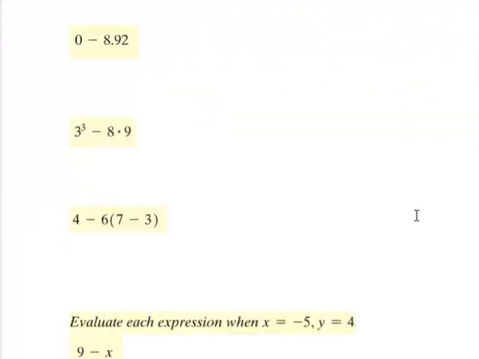All right. Let's try some of these next ones. So 0 minus 8.92 will just be a negative 8.92. 3 to the third minus 8 times 9. I need to go through my order of operations. So 3 to the third, remember, means 3 times 3 times 3.